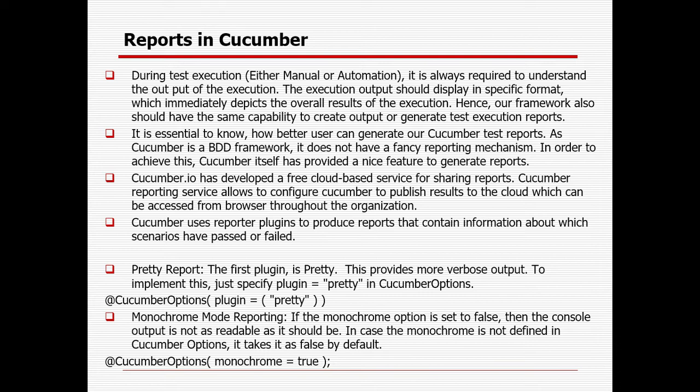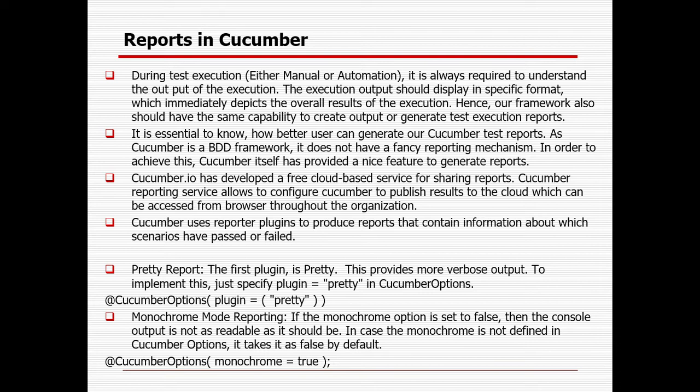In case of failure, if you want to add a screenshot or raise a defect, you can publish it in a better format. Hence, our framework should also have the same capability to generate a test execution report.